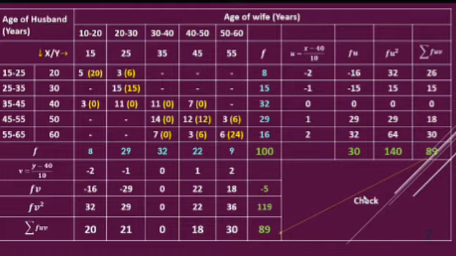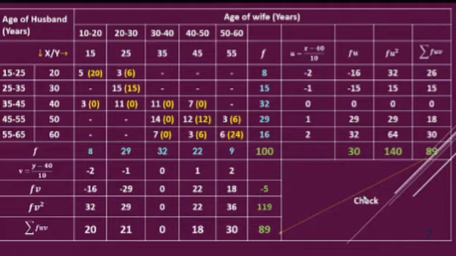That first column you add 5 plus 3. 5 plus 3 is 8. Next 3 plus 15 plus 11, 29. Next 11 plus 14 plus 7, 32. 7 plus 12 plus 3, 22. 3 plus 6, 9. You got the frequencies 100.